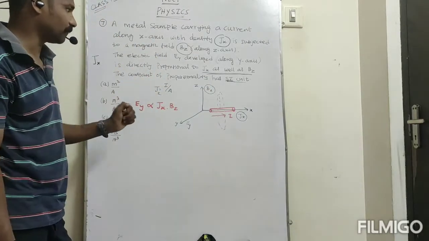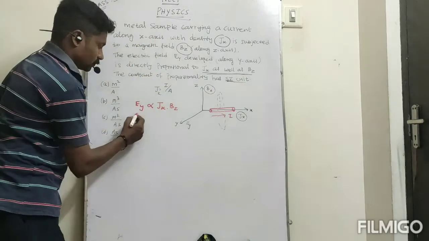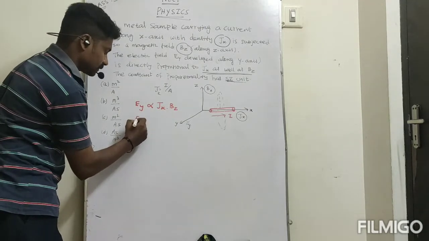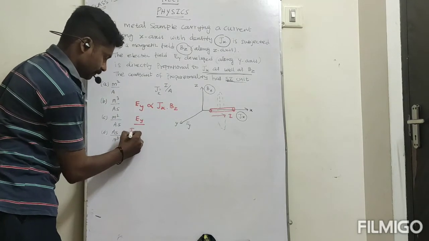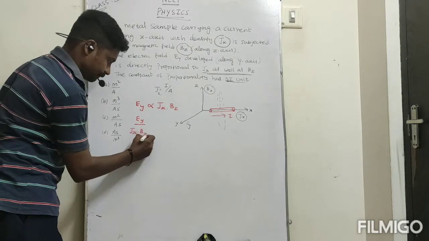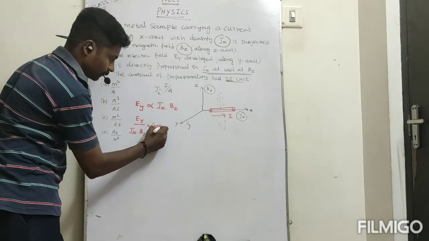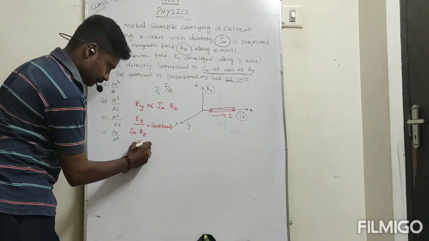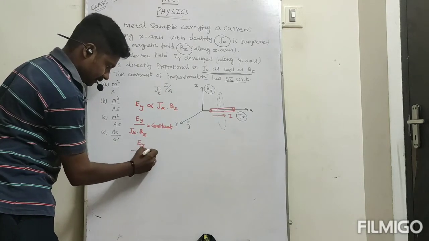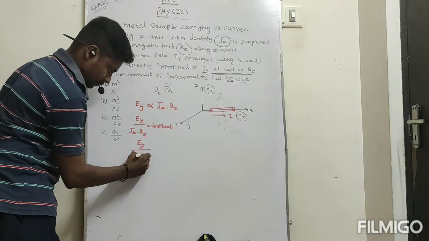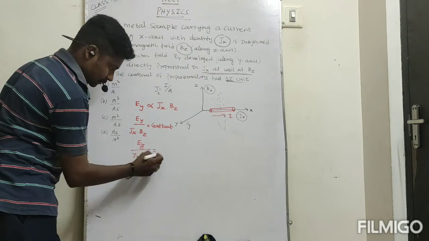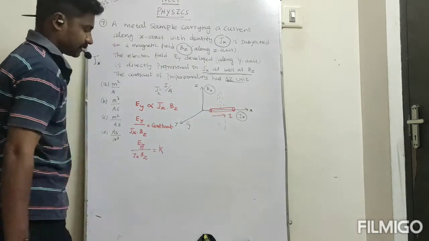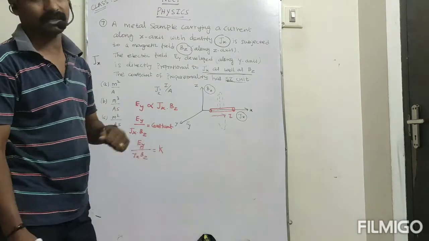So we can write Ey divided by Jx Bz is equal to a constant. Let's take it as k. This k unit only they are asking.